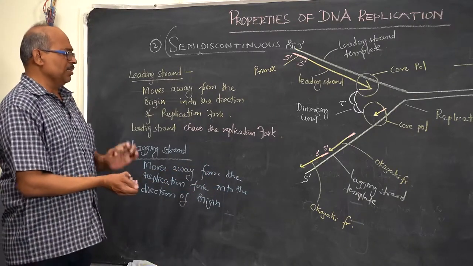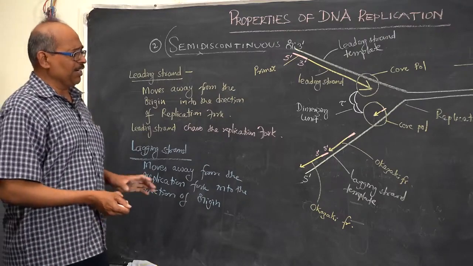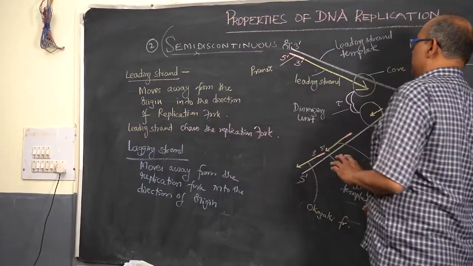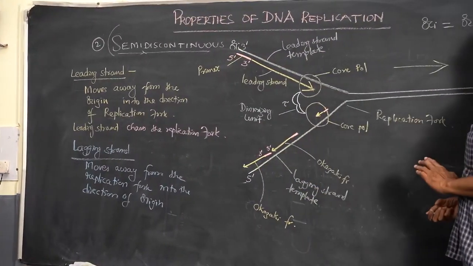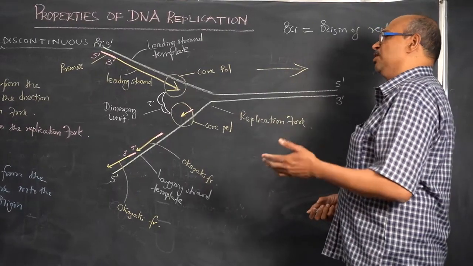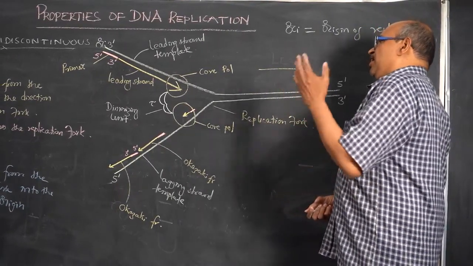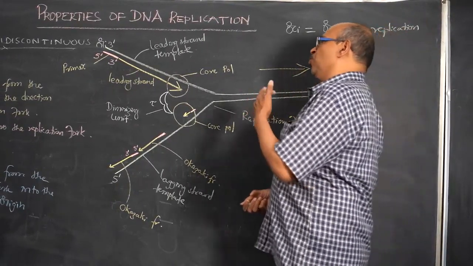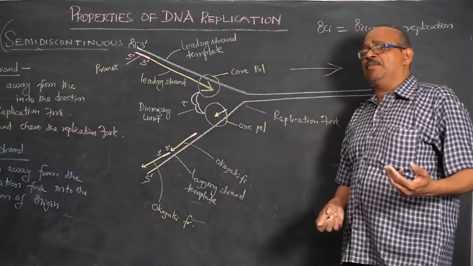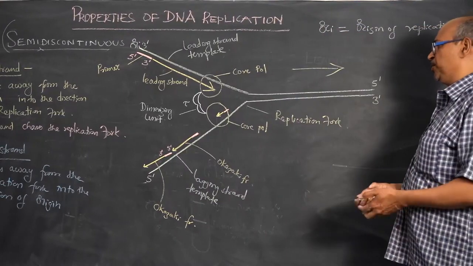So this is the easiest way you can identify whether a given DNA strand is leading or lagging. Leading moves away from the origin, lagging moves towards the origin. Leading moves towards the replication fork, lagging moves away from the replication fork.